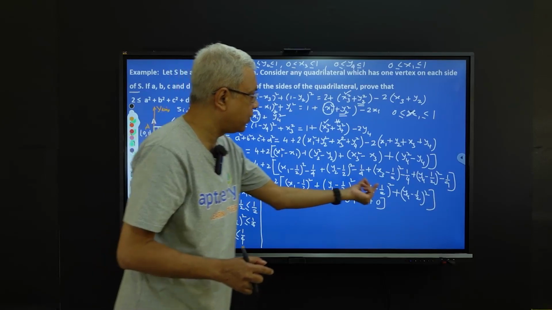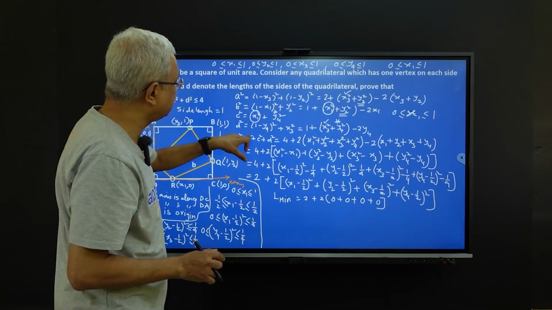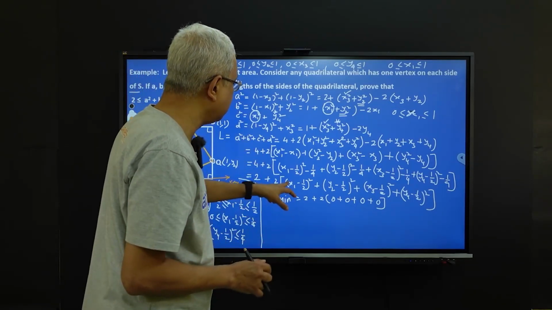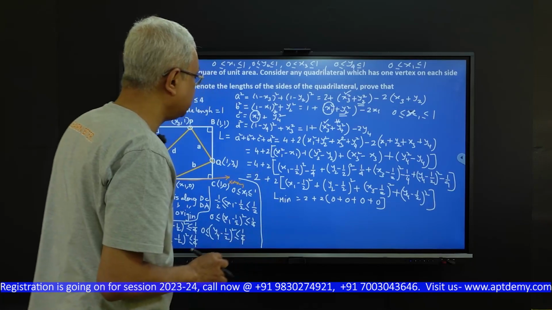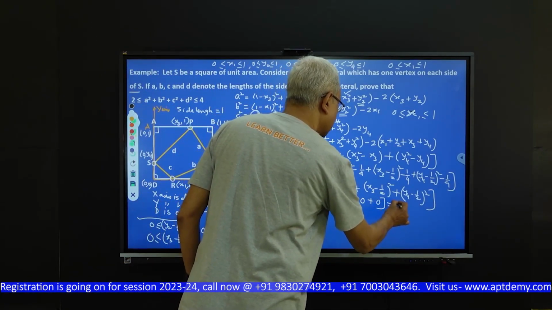Minimum value of each square term is 0. Therefore, L, which is actually a square plus b square plus c square plus d square, its minimum value will be when these squares are individually 0. So minimum value of L is 2.